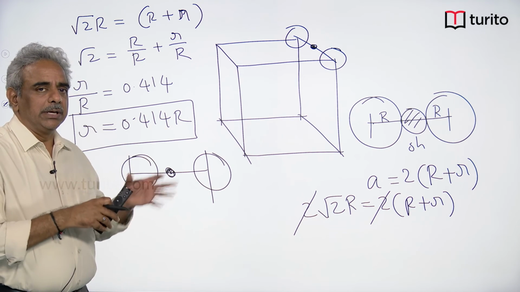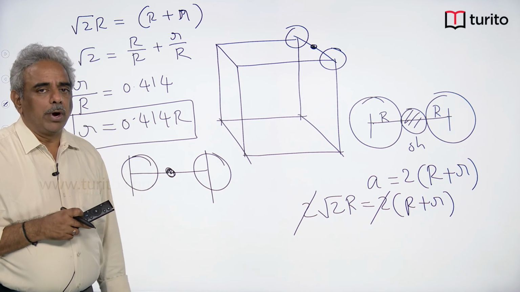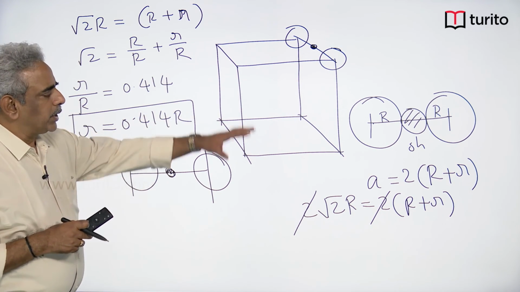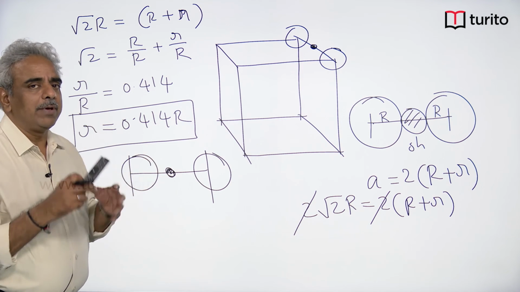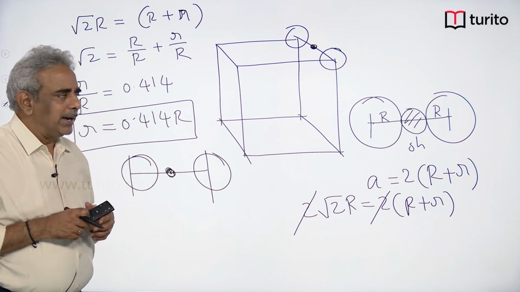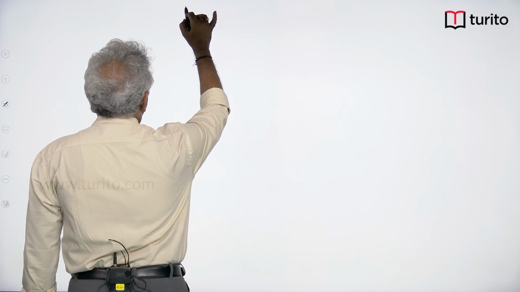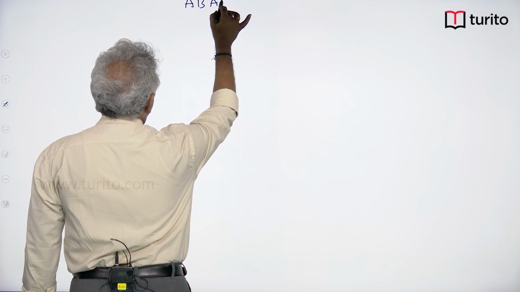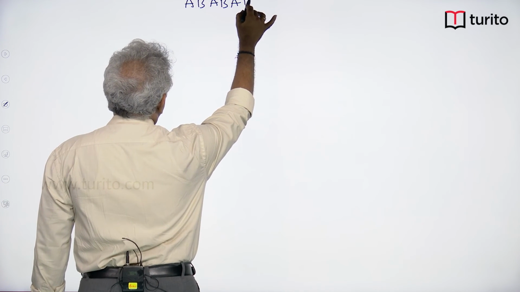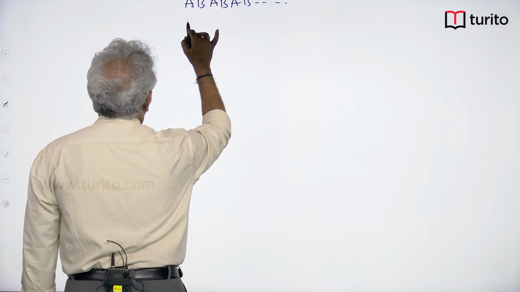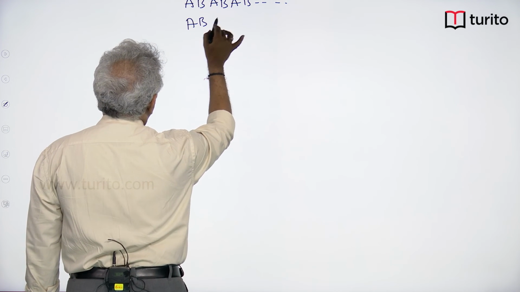This is going to be the radius of an octahedral void. So, let us put everything at one place so that you will have a clear-cut idea. AB, AB, AB or ABC, ABC.